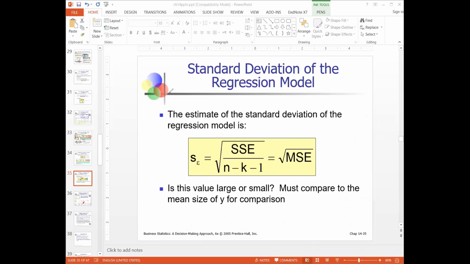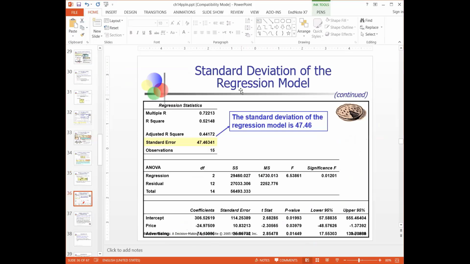So let's see what its different values are. In our Excel output, our standard error SE is 48.46. This is the standard deviation of the regression model. So this tells us how often the errors occur. The bigger the number is, the more errors might occur in our prediction.